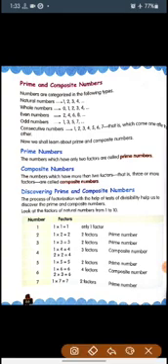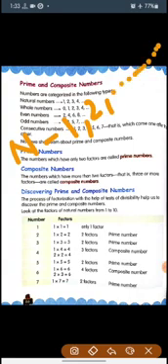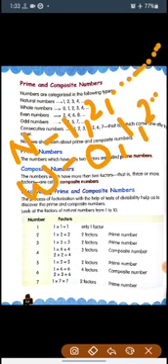So first comes the natural numbers. Natural numbers start from 1, 2, and go on and on. Whole numbers start from 0, 1, 2, and go on and on.